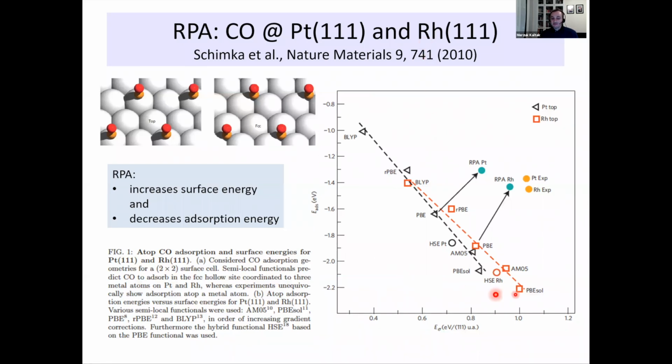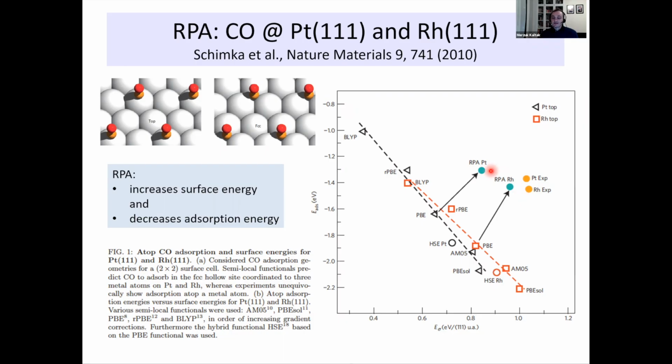As you can see on the plot on the right-hand side, the experimental value for the absorption energy, which is the y-axis, versus the surface energy, which is the x-axis, is located here. So the experimental values are in this region.